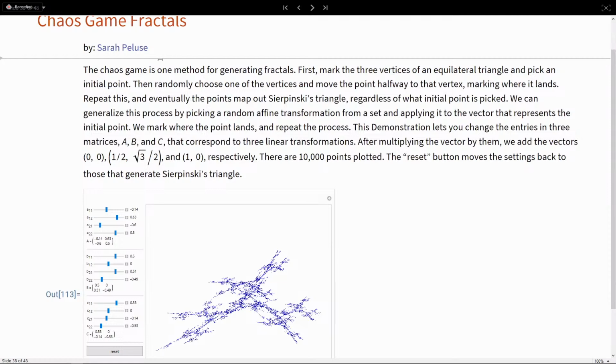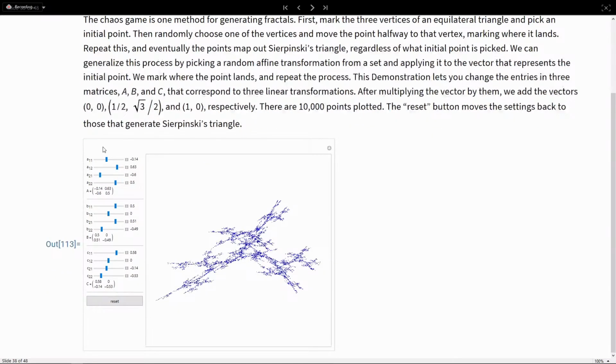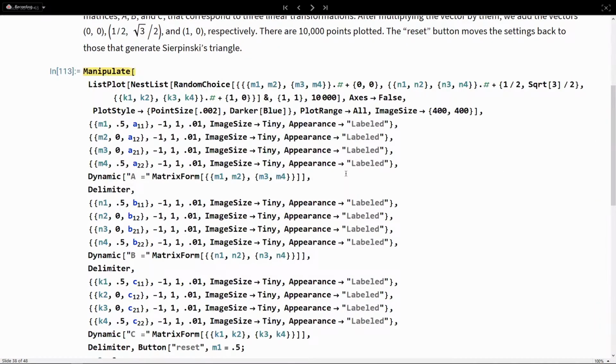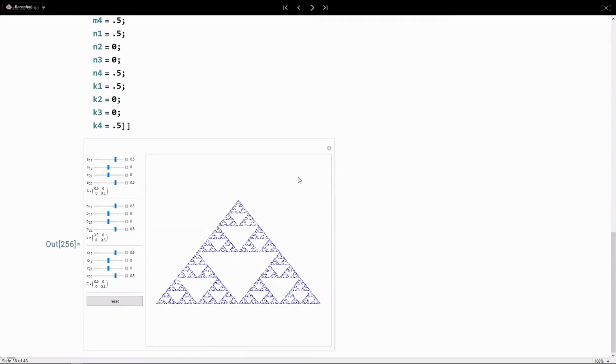The chaos game for iterated function systems basically starts with a simple item. Let's see if we can get this to work. We basically have 3 points, and we randomly choose which point we'll go to next. And you get this Sierpinski pattern.